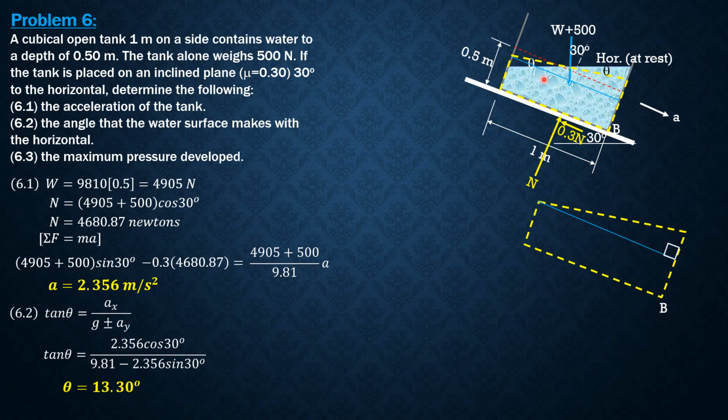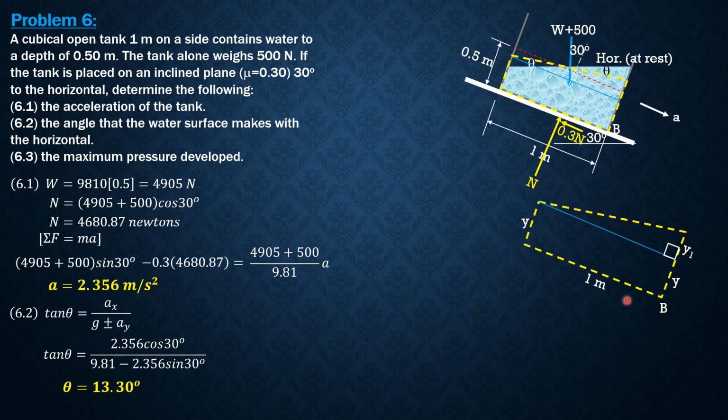The angle that the yellow dashed line makes with the blue line is 30 degrees minus theta. So 30 degrees minus 13.3, so 16.7 degrees. I'll denote that by y. This is also y, and I'll denote that by y1.